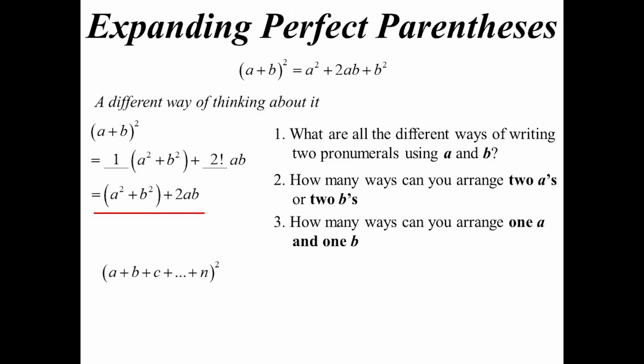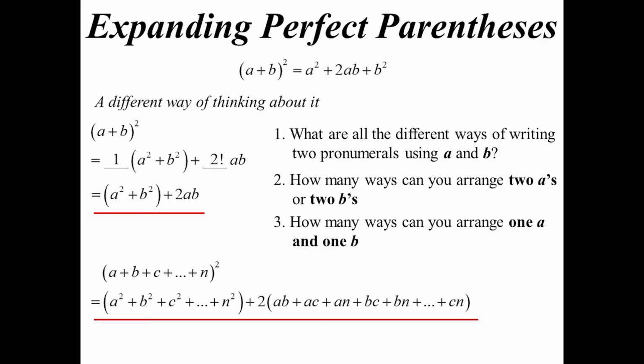So extending on that idea, if I had (a plus b plus c plus all the way up to n) squared, I could find it by saying, well, I'm only going to end up with 2 pronumerals, which I know I will because I'm squaring it. So I'm going to take 1 pronumeral out of the first one, 1 pronumeral out of the second one. So I'll get 2 pronumerals, multiply them together. I could get a squared, b squared, c squared, and so on.